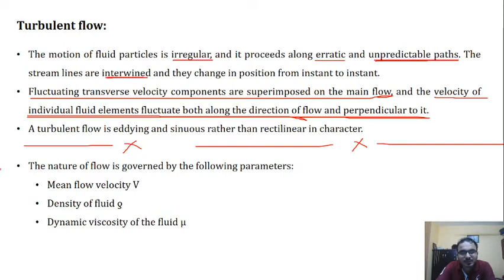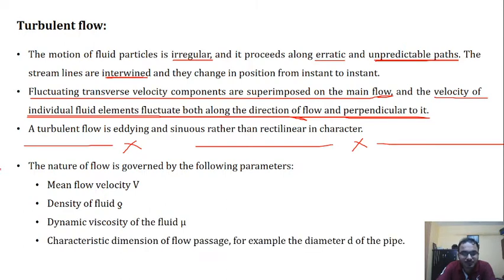Third is dynamic viscosity of fluid, mu. And last is characteristic dimension of flow passage, for example diameter d of pipe. So this characteristic dimension is more important to understand right now, and we will see in detail what is the meaning of characteristic dimension in the nature of the flow.